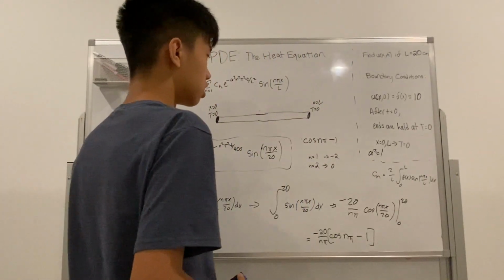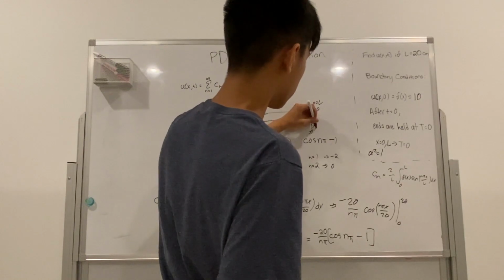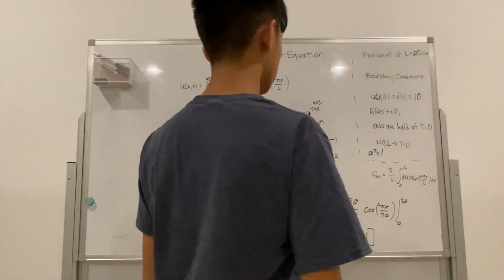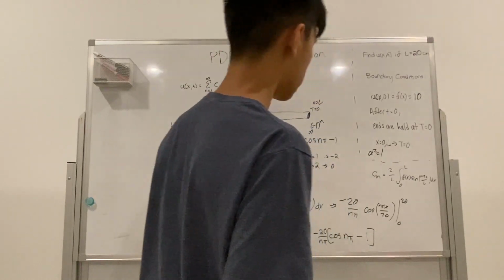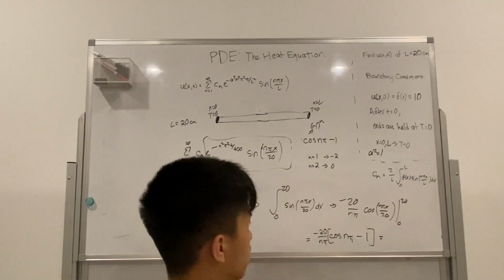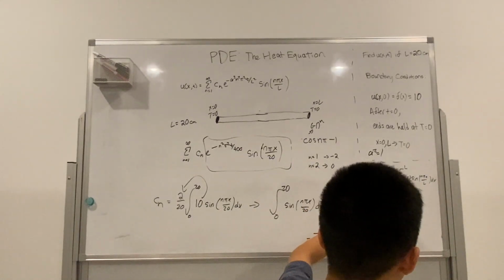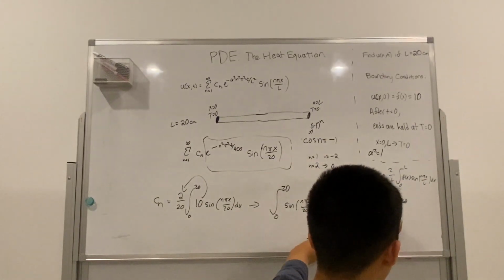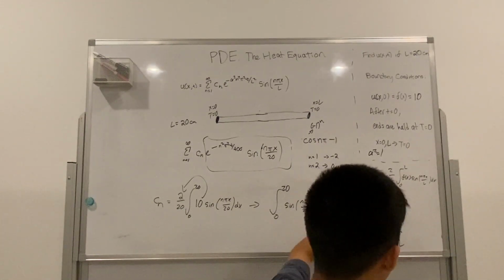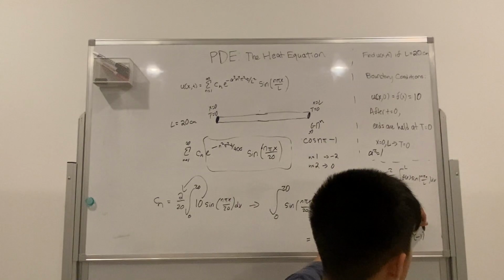So this is kind of an alternating series, or negative 1 to the n power. So we can describe this in terms of negative 1 to the n power. So now we have 20 over n pi times 1 minus negative 1 to the n power.